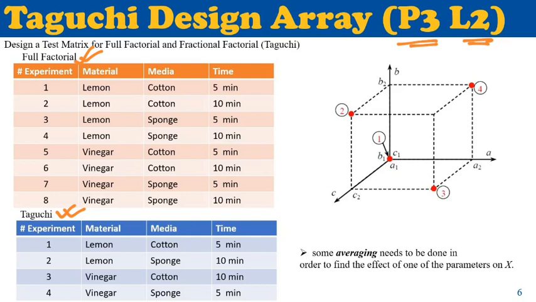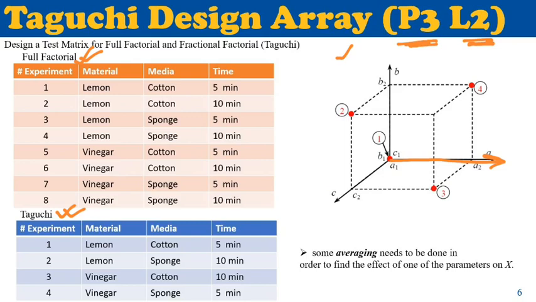Just for example, if we assume this P3L2 scenario, if we go further than that, P4, L3, P5, L6, those cannot be visualized because you have a denser matrix of arrays. But for P3L2, we can show you the arrangement using a cube. Assume that your x-axis here, A, is your material.